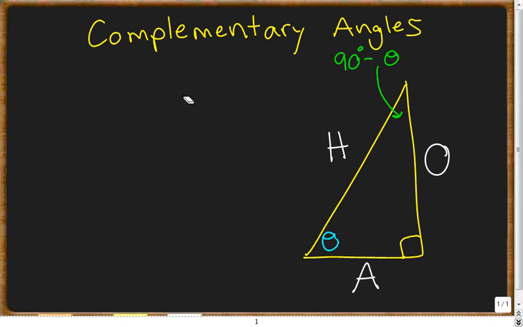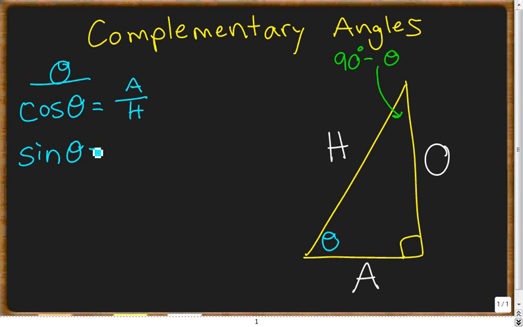If we're talking about theta, the cosine of theta is going to be a over h. Sine of theta is going to be o over h, and tangent of theta is going to be o over a. Well, how does that change if we're dealing with 90 minus theta?